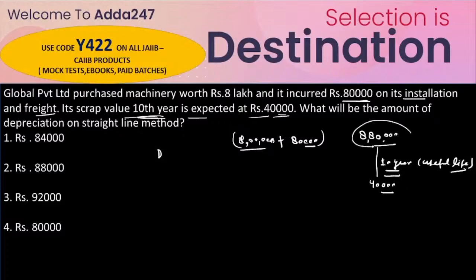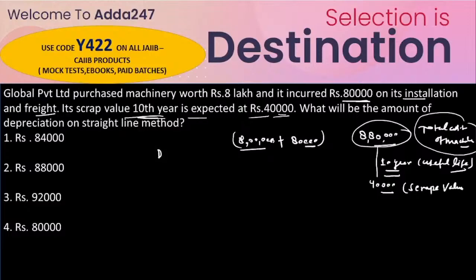So 8,80,000 is the total cost of the machine, and after the useful life, whatever amount remains for the machine is called the scrap value, or residual value, of that asset. I hope it is clear.